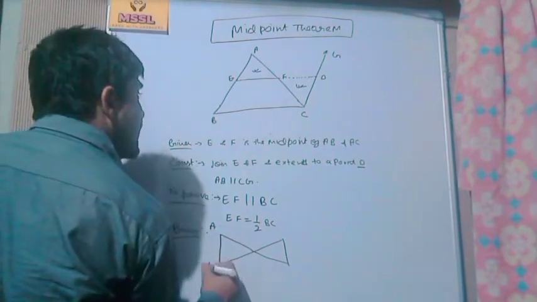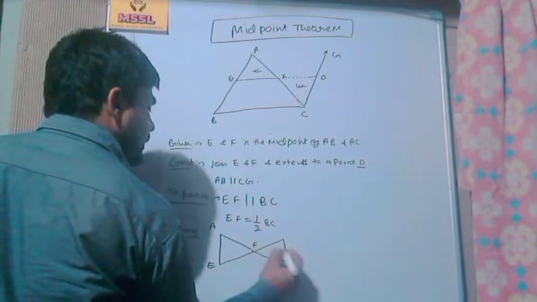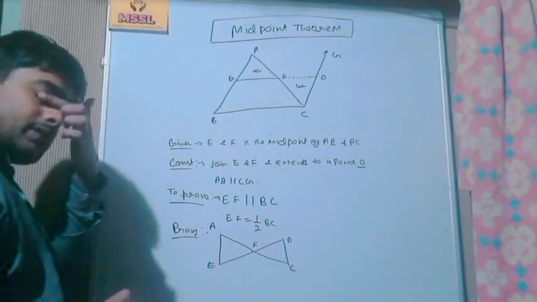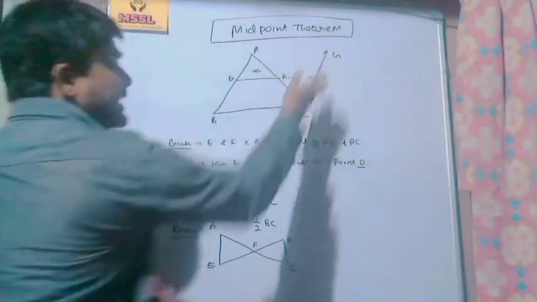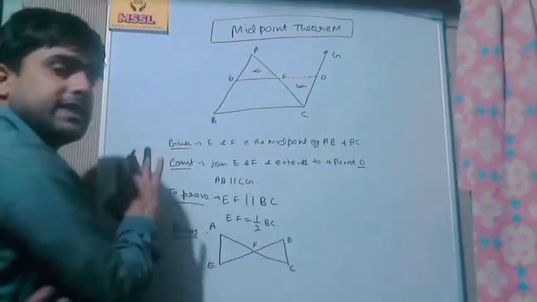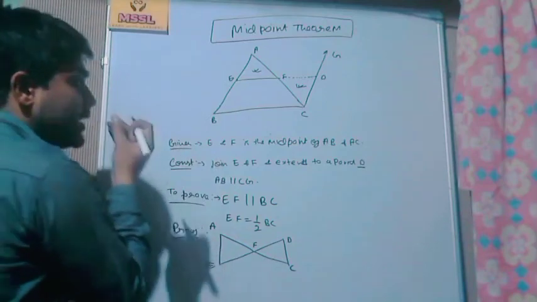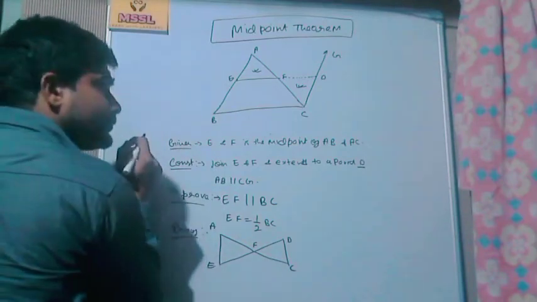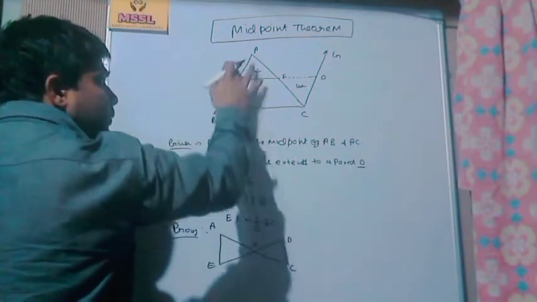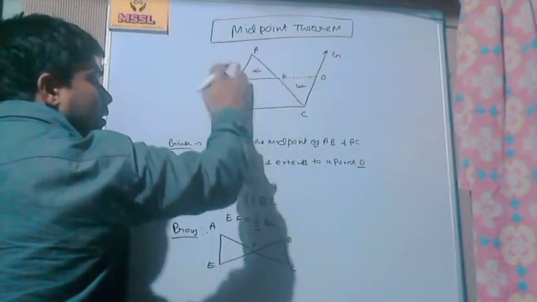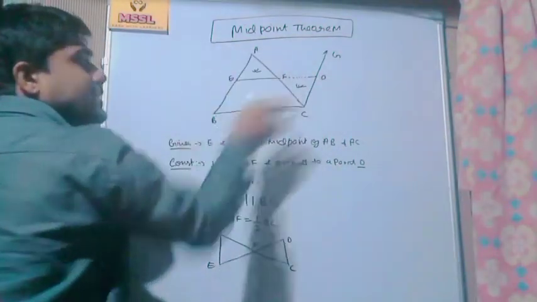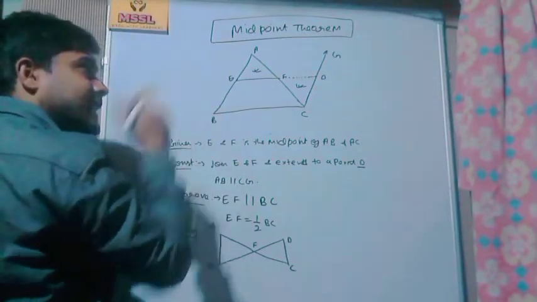So A, E, F, C, and D. Since we have drawn this line parallel to this by construction, we will prove whether this is also parallel or not, because this is parallel to this as given here, but whether this is parallel to this we don't know. So we'll see that.